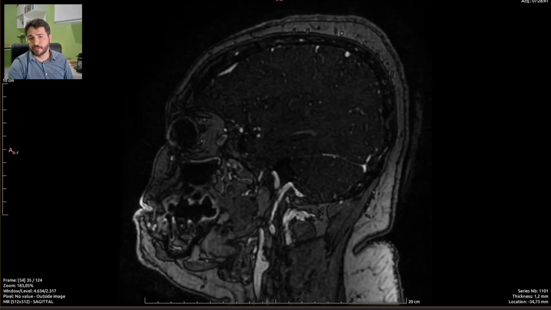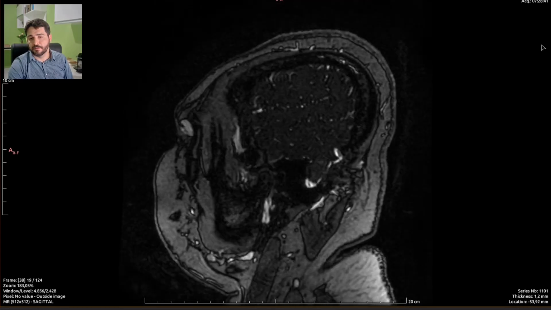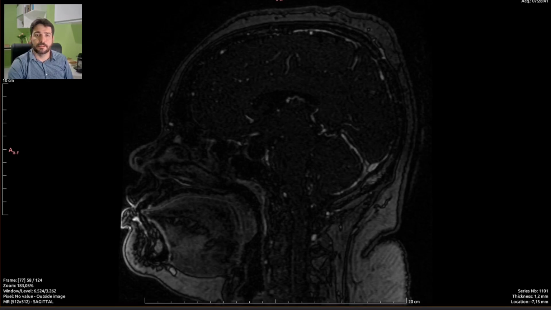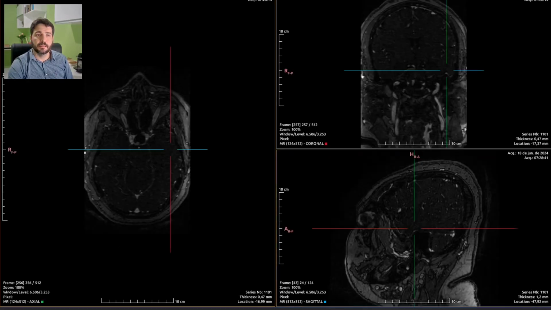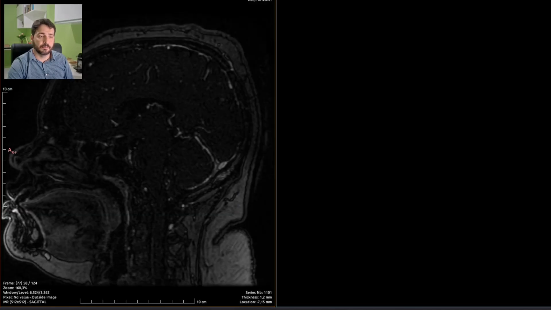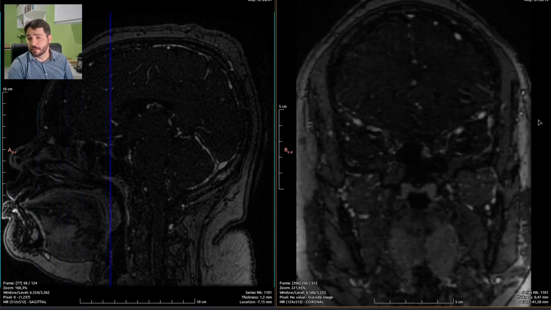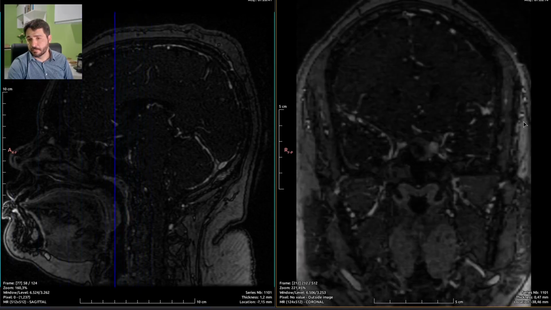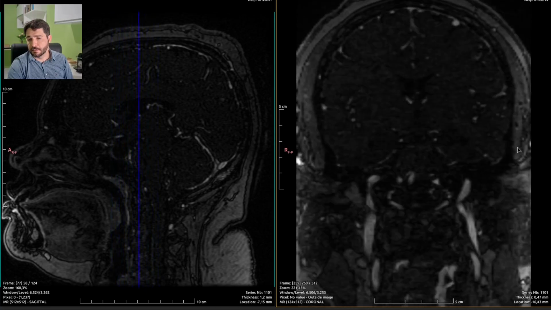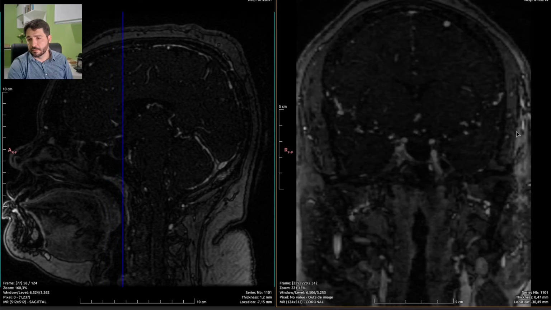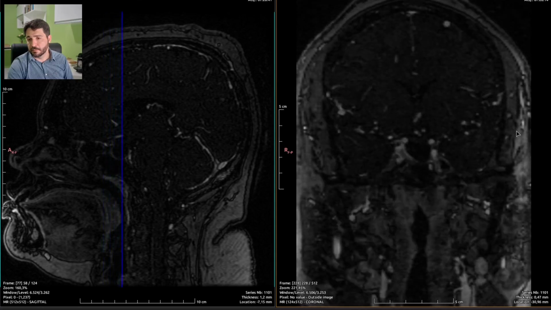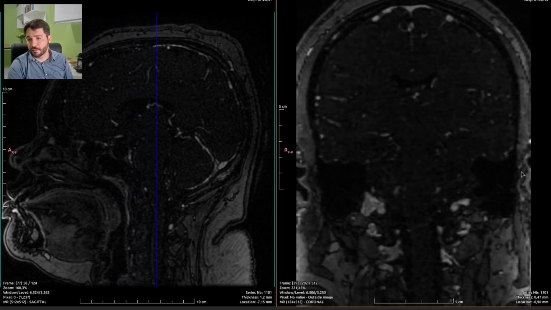The major cortical vessels seem fine, and we are going to hit the MPR button and look for thrombosis of the other sinuses. Yeah, it's fine.